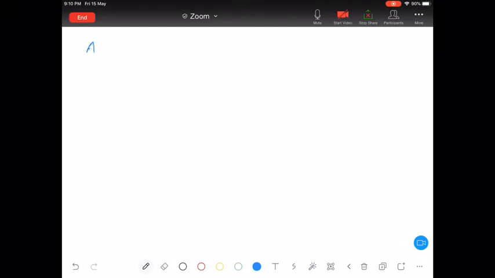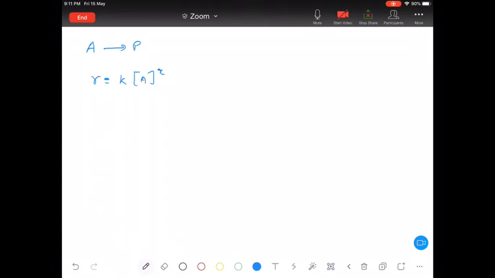If I write A giving product, for this reaction I can write the rate law as R equals K concentration of A to the power X. That's the rate law for this reaction.